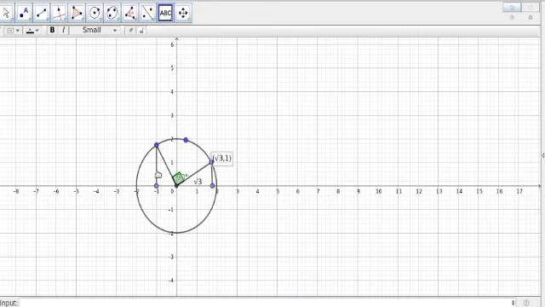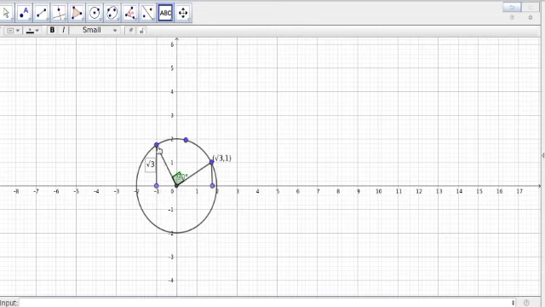Similarly, here you can see the side opposite to 90 degrees is 2. Then this angle is 60 degrees, so the side opposite to 60 degrees is √3. That is, this distance is √3, and this other distance is equal to 1.